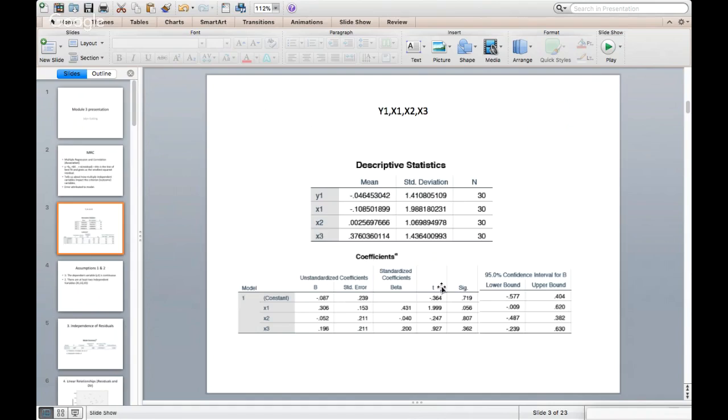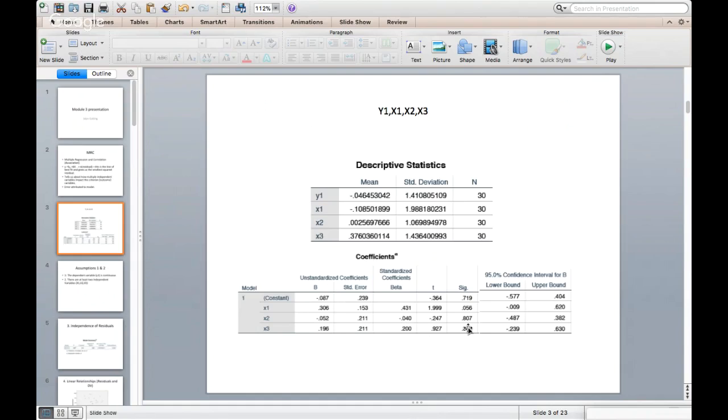When we look at the t's and significance, aka p-values, none are significant. So we fail to reject the null hypothesis that b equals 0. It's important to note that t and p are inversely related, so these relatively low t values result in these high significance values.